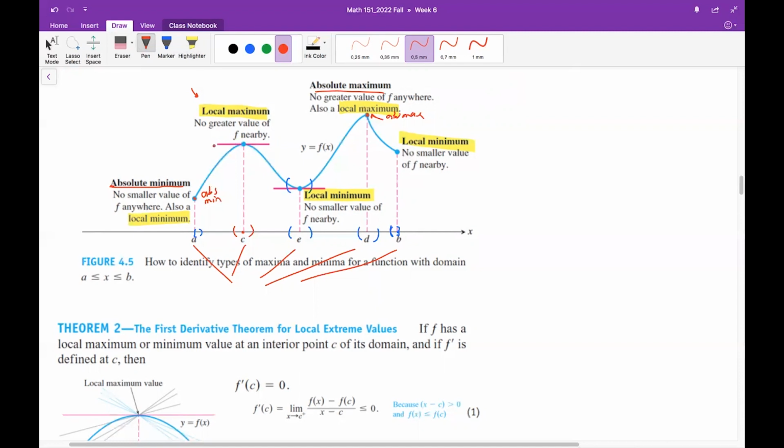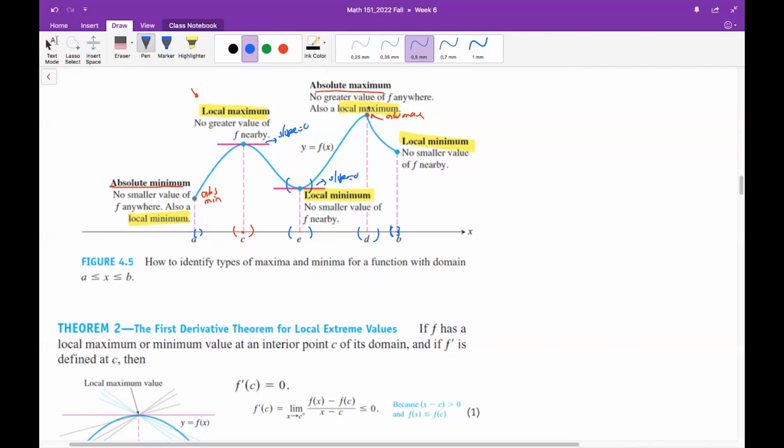I want to emphasize something here. Over these local minimum points, there is something special, right? We have a horizontal tangent line, you know. These are horizontal tangents, so what about their slopes? The slope of this horizontal line is 0.